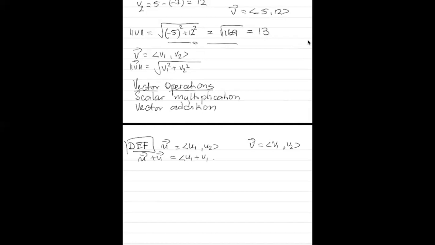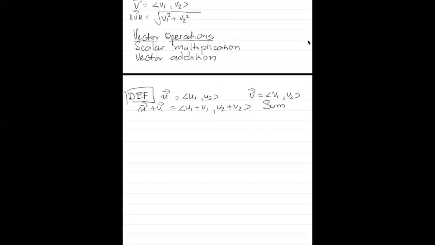these are vectors. The sum u plus v is also a vector, and we're going to add the corresponding components, u1 plus v1, u2 plus v2. So we call this the sum. It's a vector. And the other operation, we'll give a definition for scalar multiplication. So k is a scalar or a number.